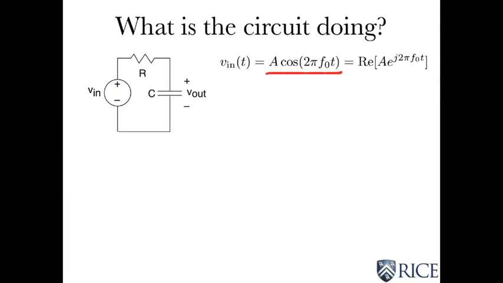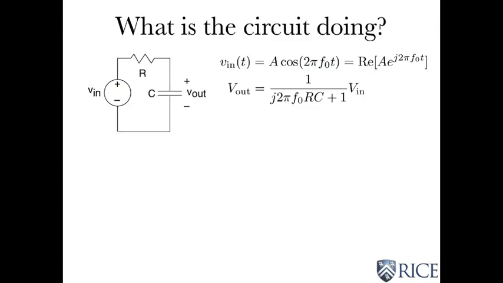We assumed A times a cosine 2 pi f naught t, and we wrote that as the real part. This is the critical thing, the real part of a complex exponential. Because once you assume things are complex exponentials, the calculations of the transfer function get very, very easy. So, we assumed it was a complex exponential.